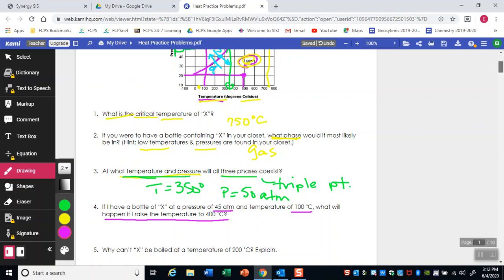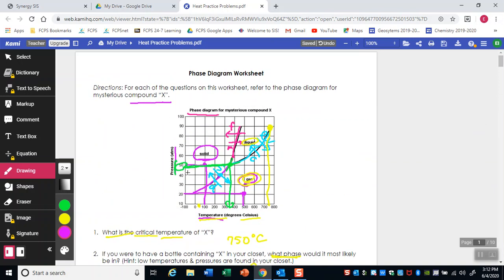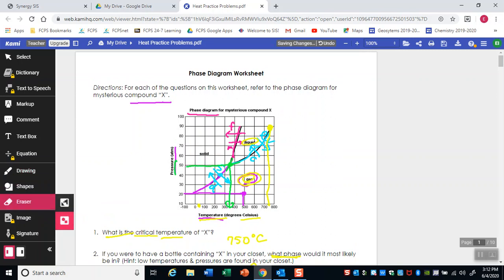All right, so I've got a pressure of 45. So this is kind of a mess. Let's erase this so we can see what we're doing here. All right, that's probably enough to be able to see what we're doing.